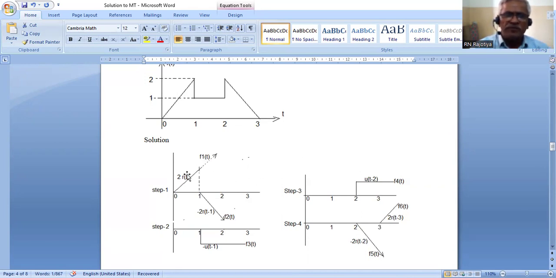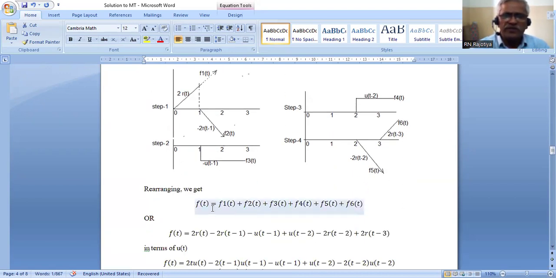So in all, how many pulses? You see f1(t) and f2(t) to cancel this effect, f3(t), a negative going unit step function, and to cancel this effect, f4(t), a positive going unit step function, and a falling ramp. For this, you need to add a negative ramp and a positive ramp to cancel the effect. So in all, a total of 6 functions.